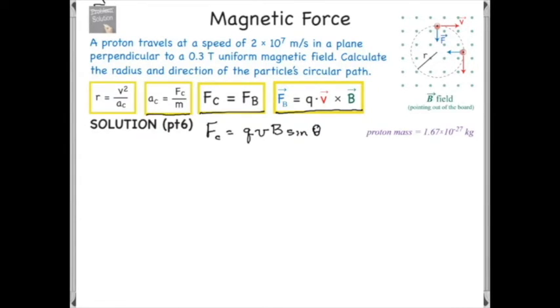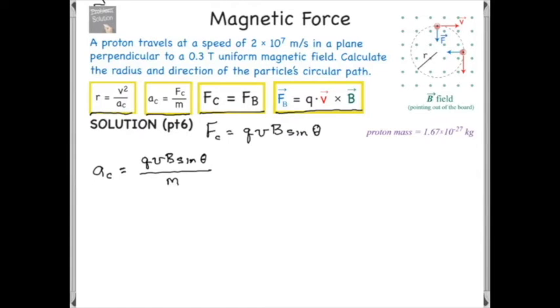Then taking it back one more step, we can write the centripetal acceleration in symbolic form is going to equal the centripetal force, which was QVB sine theta, divided by the mass.